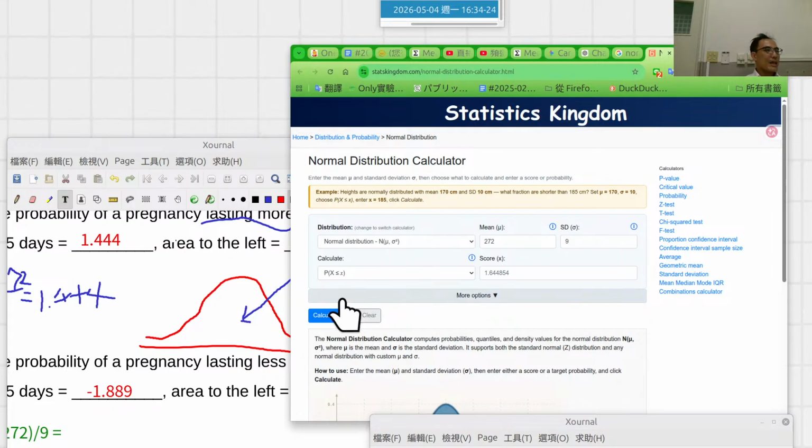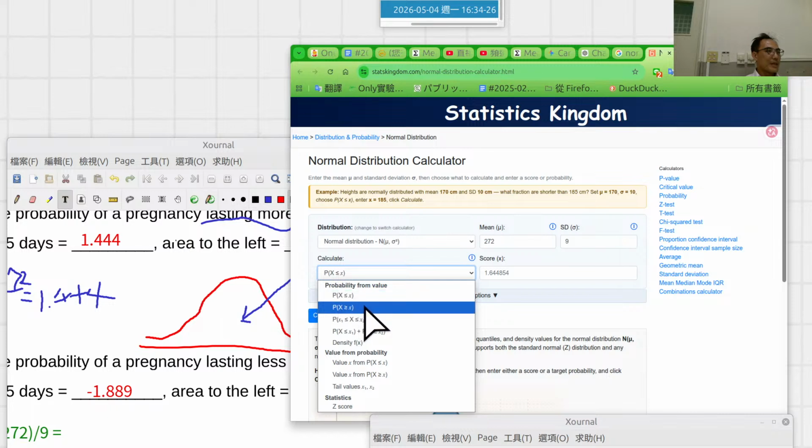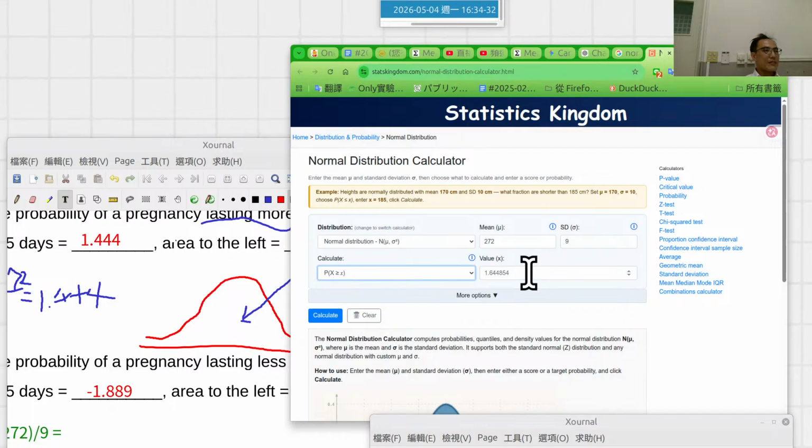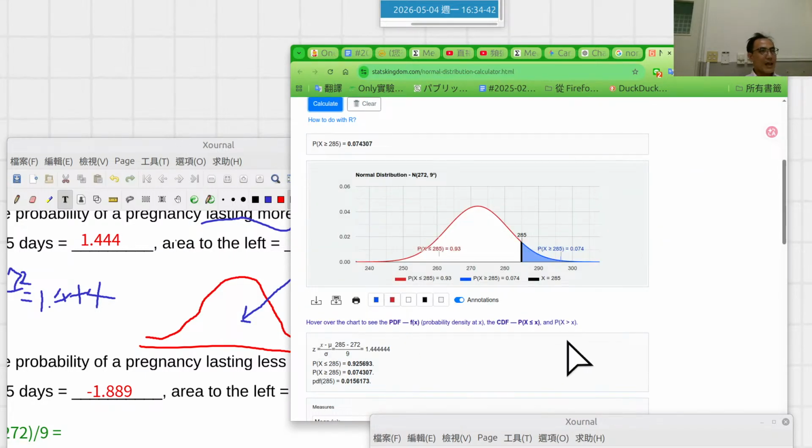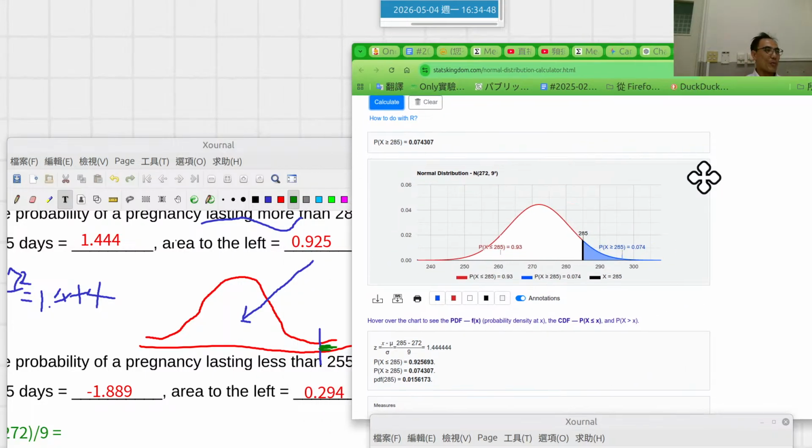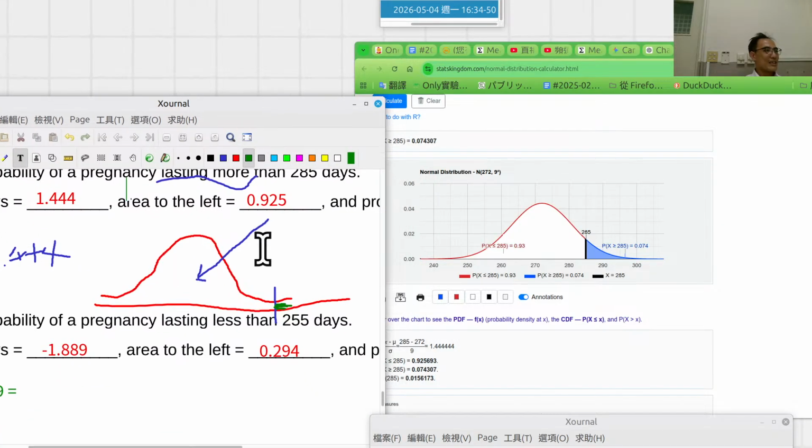Thus, we want the probability greater than or equal to x, and the x value is 285 days. Click calculate. Wow, the drawing is very perfect. My hand drawing is horrible.